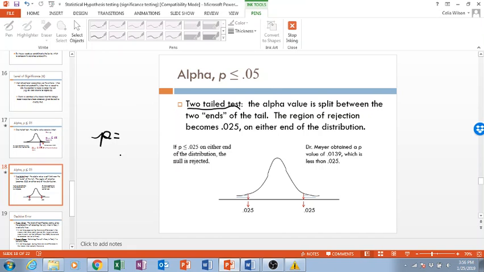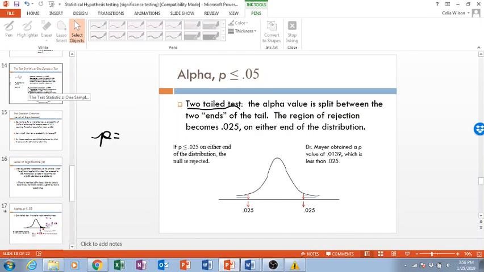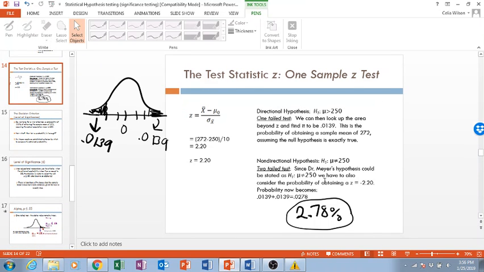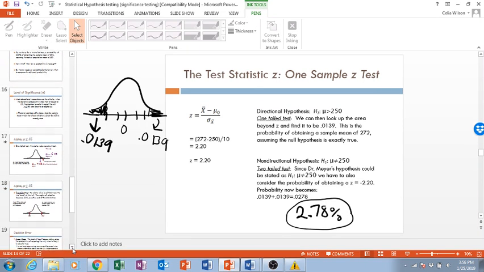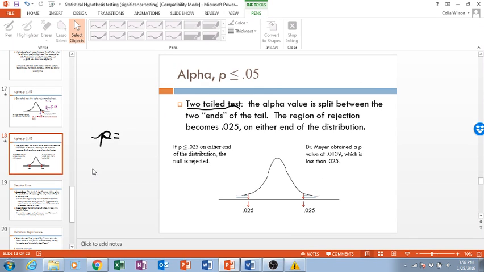So remember, I had to look this up in the back of the book, right? Well, when we are using SPSS, instead of us having to look it up in the back of the book, SPSS is going to give it to us, which is going to make our life a little bit simpler.